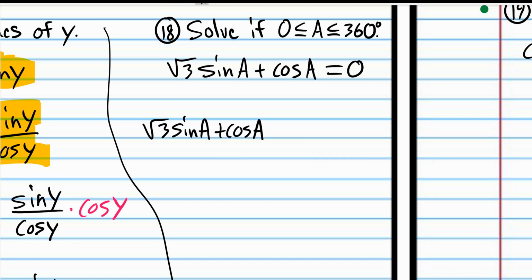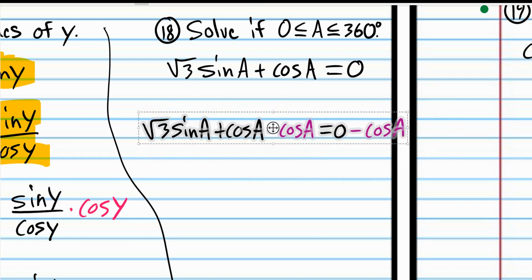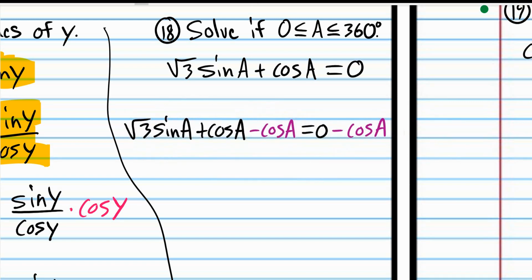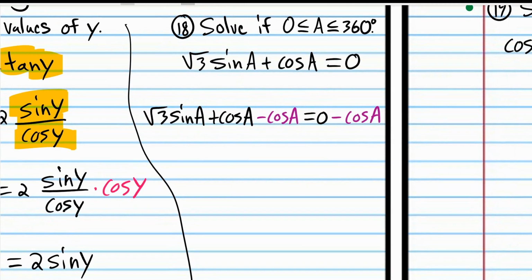I'm going to subtract cosine A from both sides. So I'm putting the cosine on the other side, and we get negative cosine A on the right side of the equation and root 3 sine A on the left side.